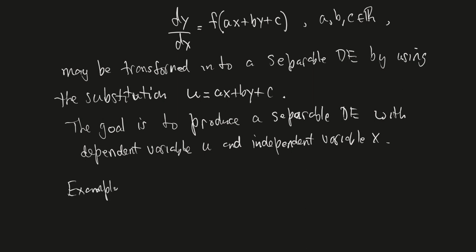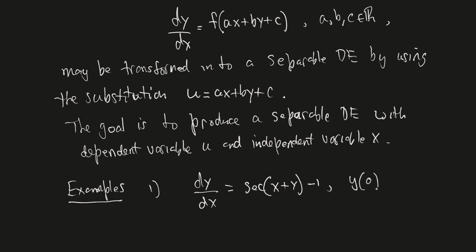Let's say here's my DE, and it's written in the normal form. dy dx is equal to, let's say, secant of x plus y minus 1. And let's make it an initial value problem. Let's say that y of 0 is equal to pi over 2. So this is our initial value problem.